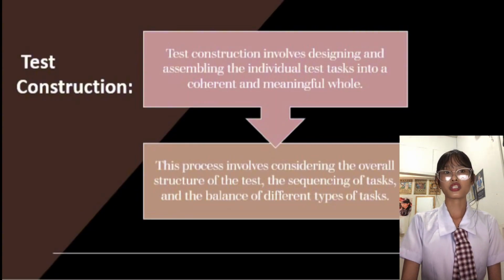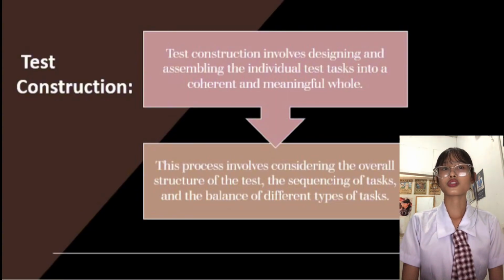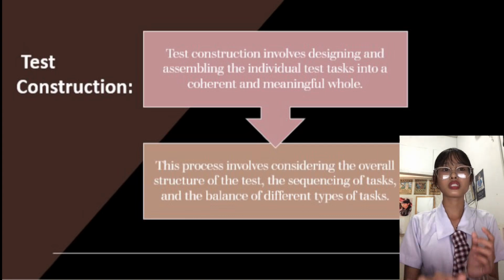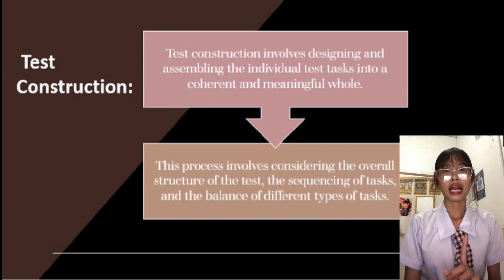And test construction. Test construction involves designing and assembling the individual tasks into a coherent and meaningful whole. This means that you need to put the tasks together in a way that makes sense and that effectively assesses the grammatical skills that you are interested in.